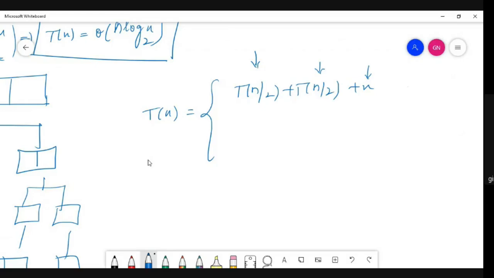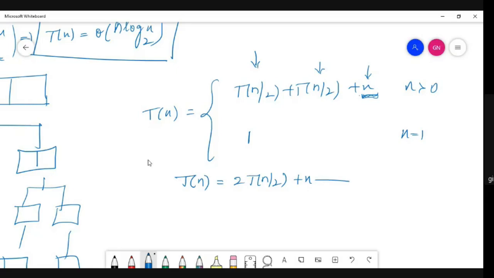In the same recursive equation in quicksort, I explained that n was to calculate the partition, like the pivot's position. And here I have only one element. For example, twice of T(n by 2) plus n.